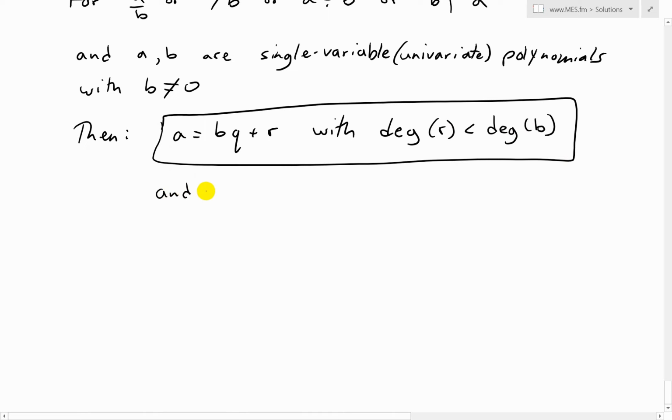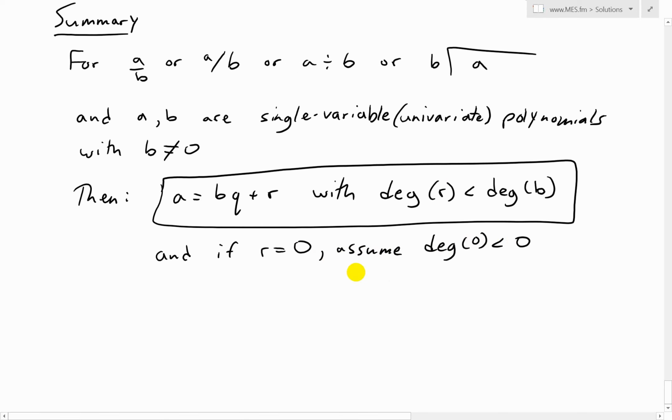And if R equals 0, assume the degree of 0 is less than 0, just assume it's negative, and that's for algorithm purposes if we have the case where the degree of B is 0.